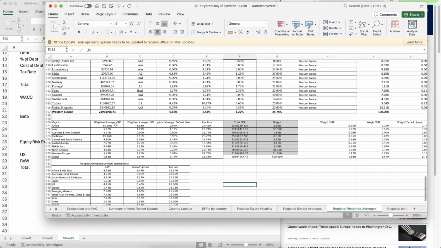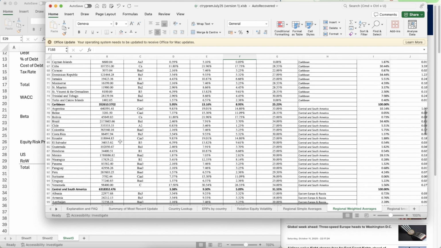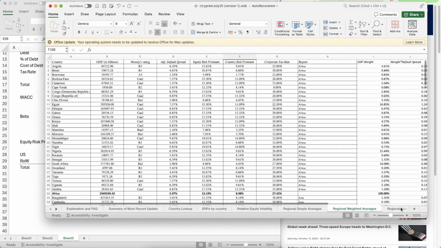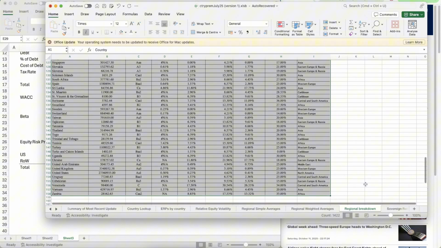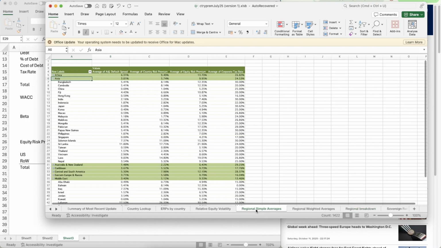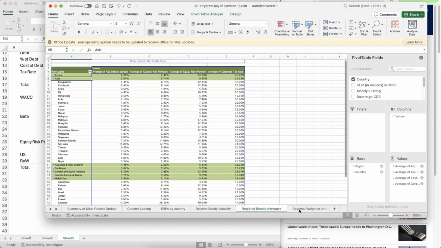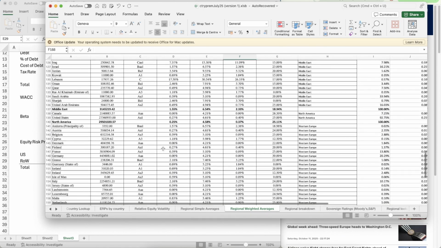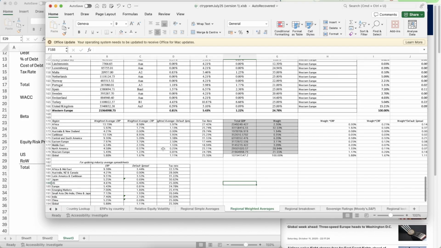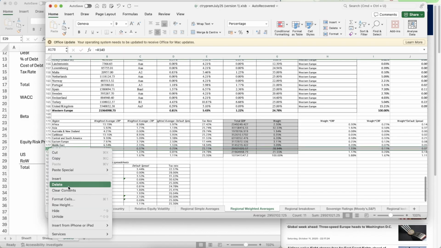So global is 5.88. But without the US, obviously you can't really see if there's a regional breakdown. So the way we can actually do this is if I just delete North America.